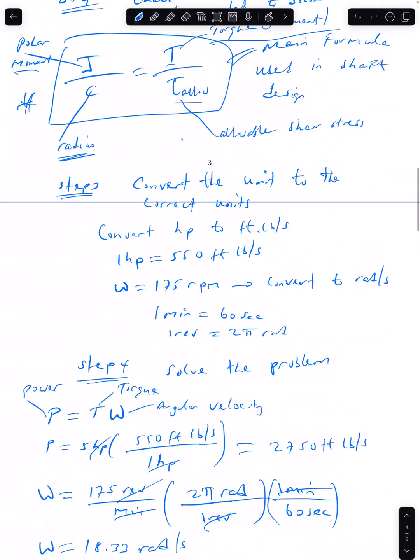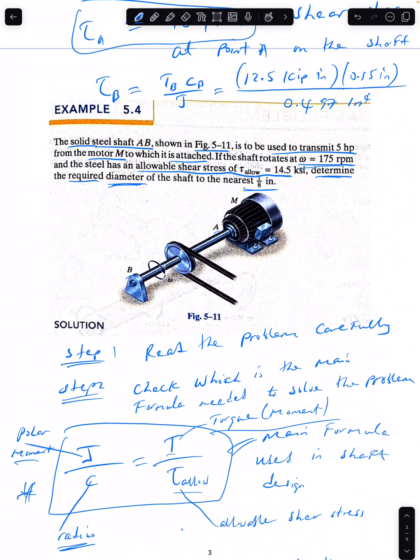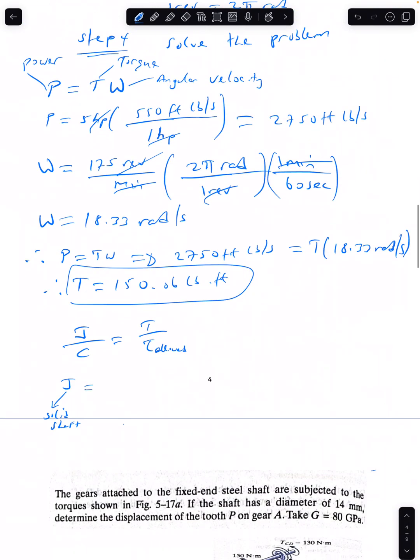Because that shaft is a solid shaft as seen in the problem. It's a solid steel shaft. So the polar moment for a solid steel shaft is equal to pi over 2 times c to the power 4, and that c is a radius.